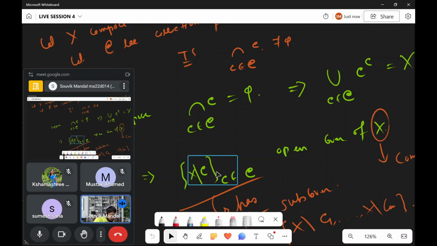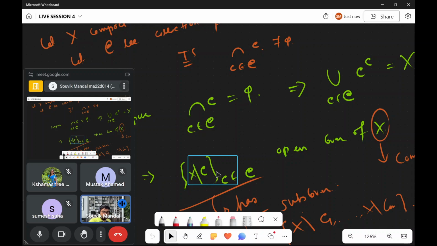We need to show that if every collection satisfies this property, then X is compact. So for the opposite side, we need to start with some open cover of X. The complement of this open cover will be a collection of closed sets. Now we need to show that this collection of complements has the finite intersection property, and then you can show whether the intersection is empty or not.